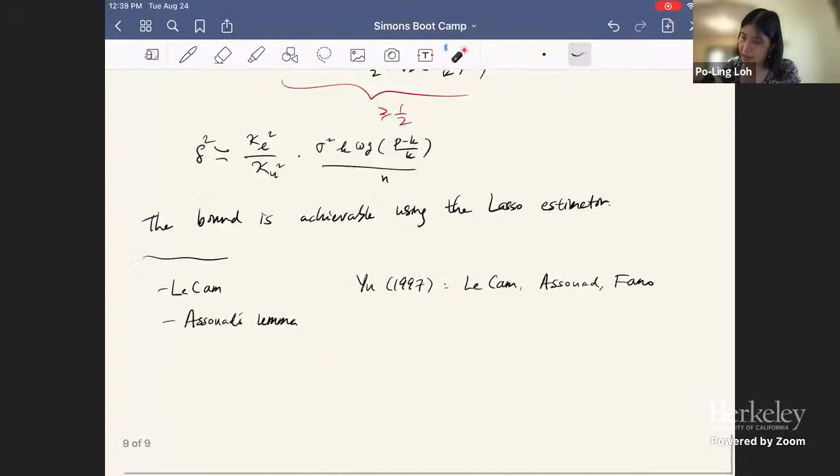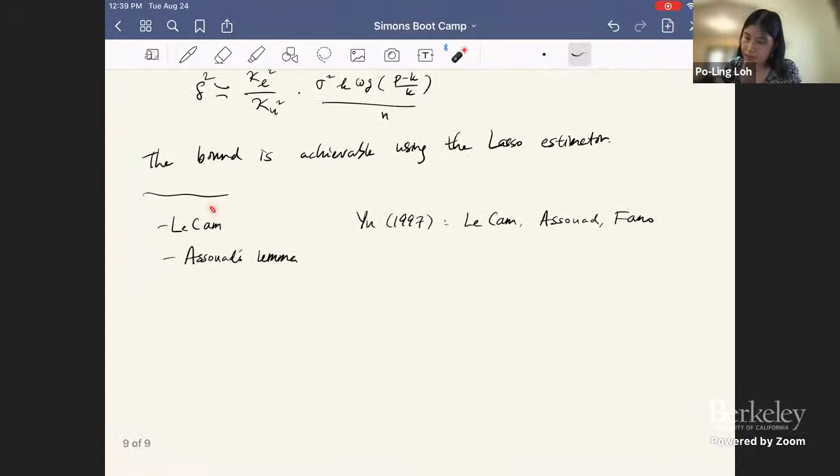Well, I don't know of examples off the top of my head, but I do know that for Lecam's method, for instance, it's in total variation distance. So that could be a possibility for a case in which you might use Lecam's method instead. I see. So one example I can think of is that if these 2 distributions have separate supports, then the KL divergence will be just infinity. Right. So in that case, you would not want to use Fano's method. Yeah, thank you.